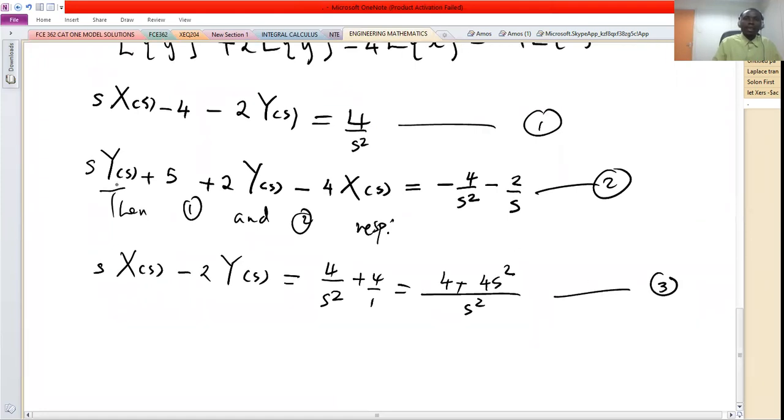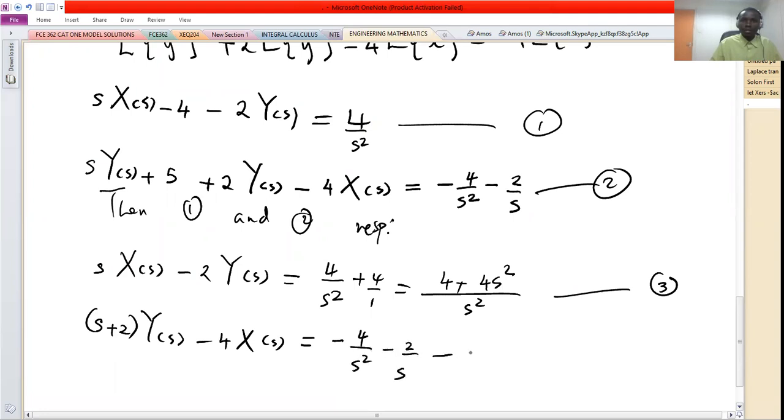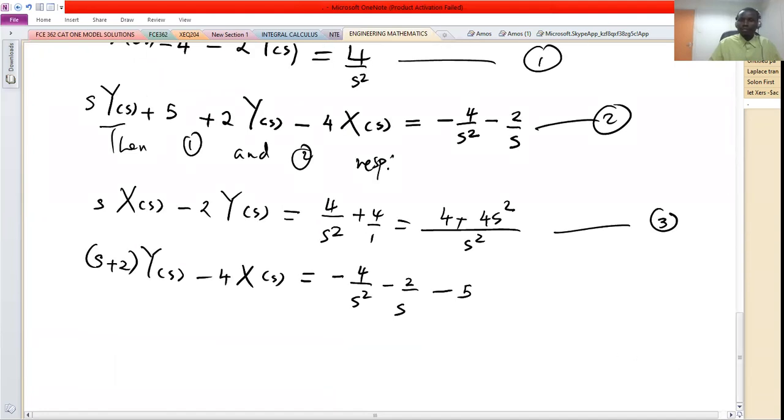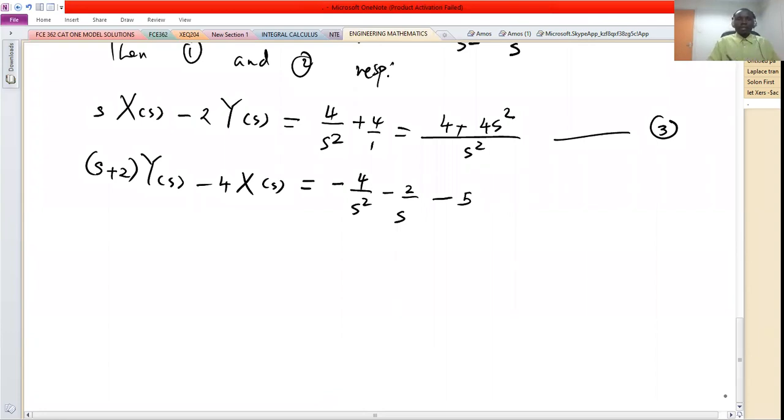This 3 is from 1, and the other one will have s plus 2 times Y of s minus 4X of s equals minus 4 over s squared minus 2 over s minus 5. Over the LCM s squared, that is minus 4 minus 2s minus 5s squared.